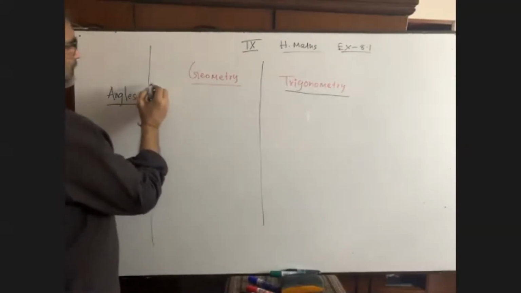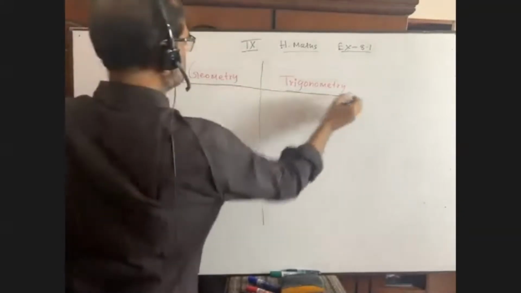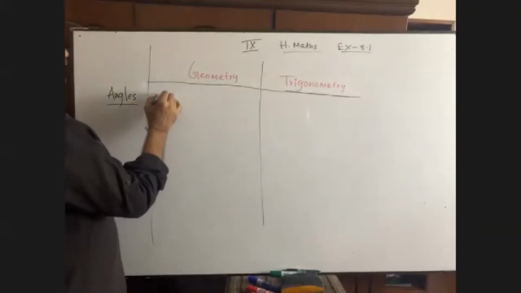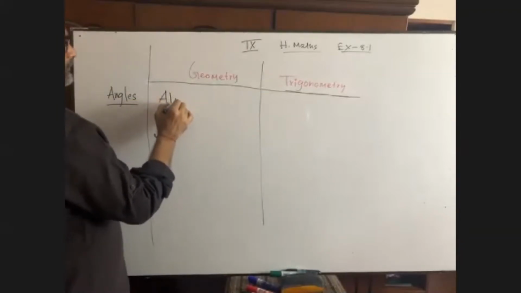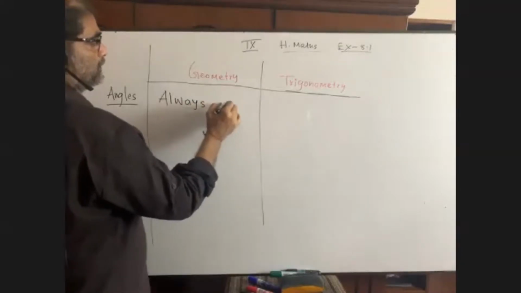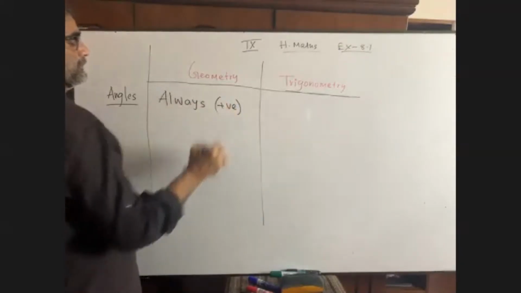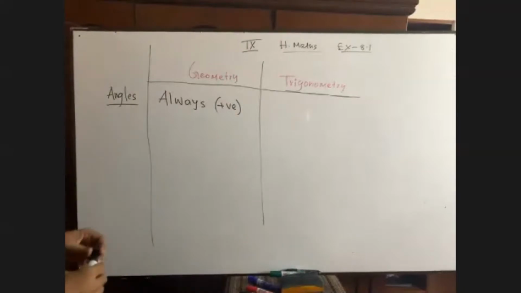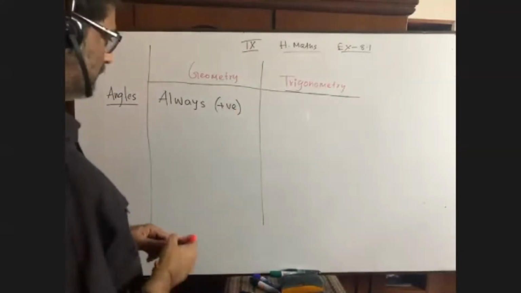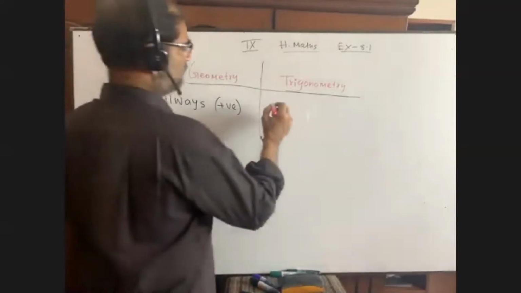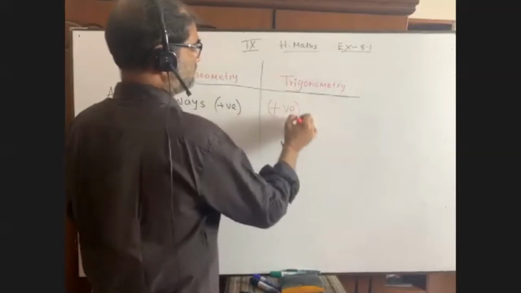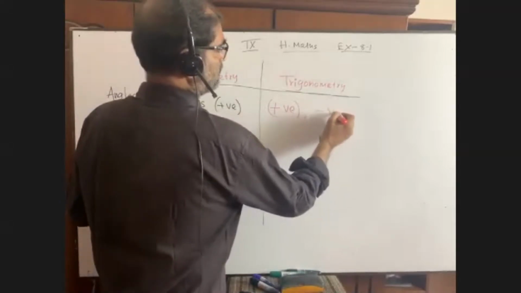Number one, in geometry, angles are always positive. Angles will never be negative. In trigonometry, angles may be positive, may be negative, both.